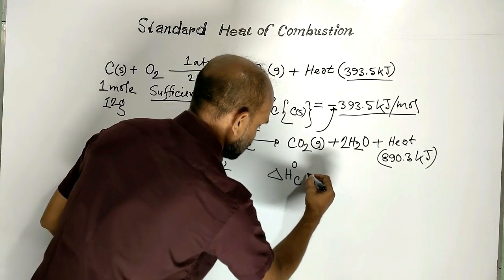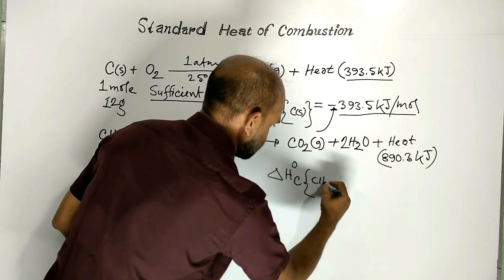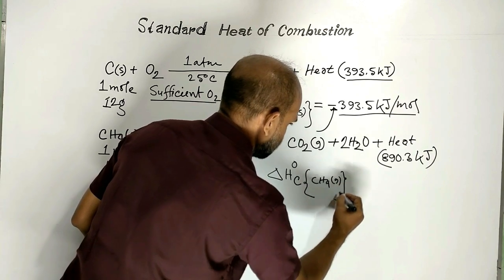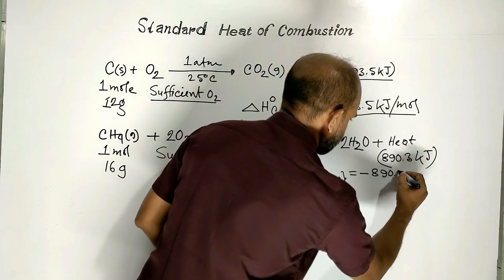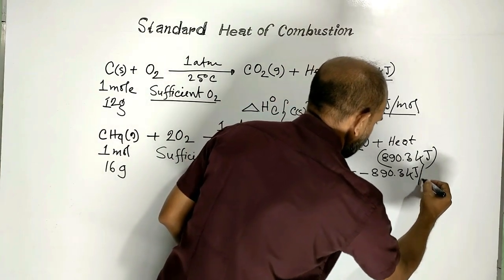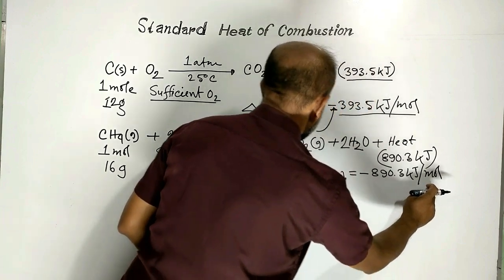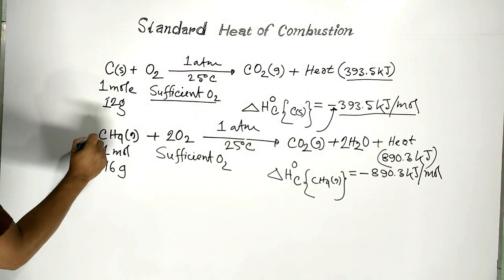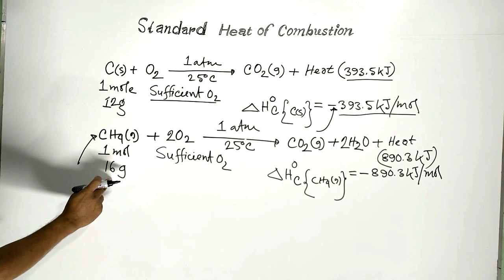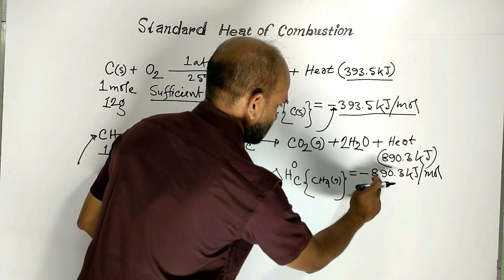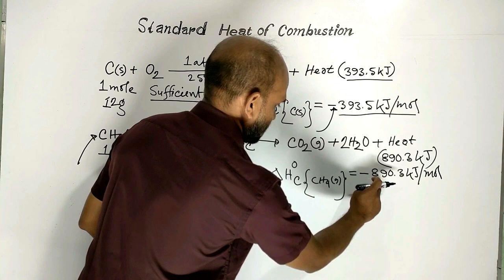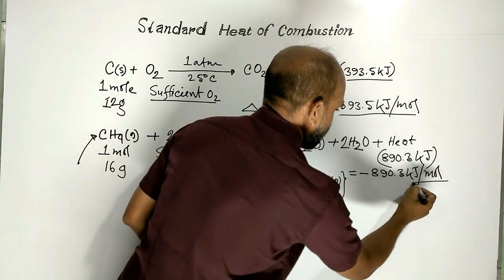Heat of combustion for methane gas is minus 890.3 kilojoule per mole, because here for the burning of 1 mole, that is 16 gram of methane, the amount of heat released to the surroundings is called heat of combustion, and for this reason the unit is kilojoule per mole.